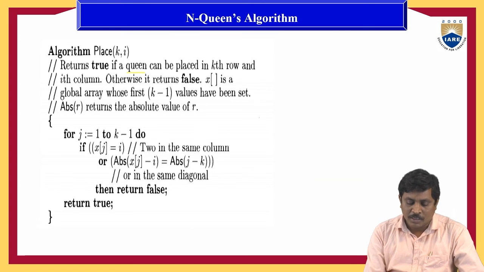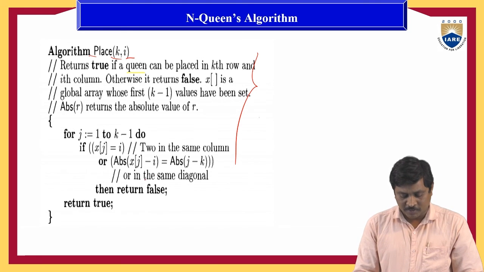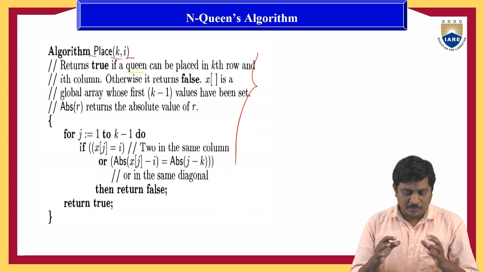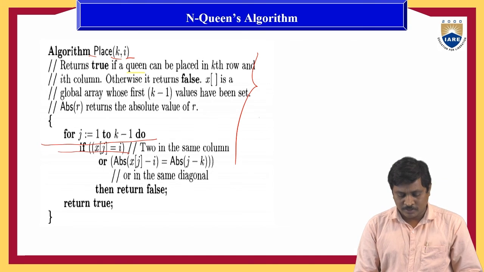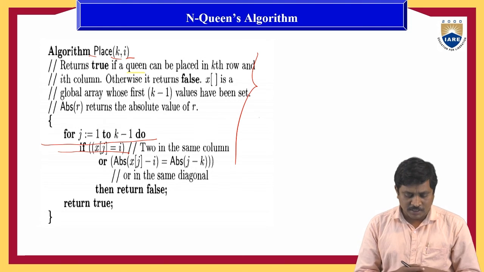This is the n queens place algorithm, Place(k, i). Here k means the position and i means you place the i-th queen in that place. So for j equal to 1 to k minus 1, if x[j] equals i, we check whether the two queens are in the same column. If this condition is satisfied, they are in the same column.